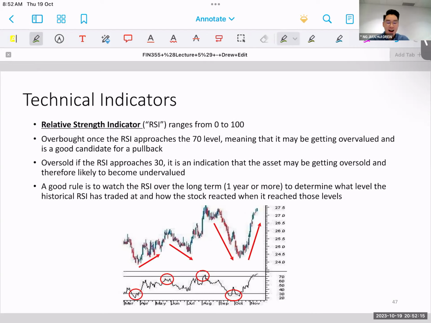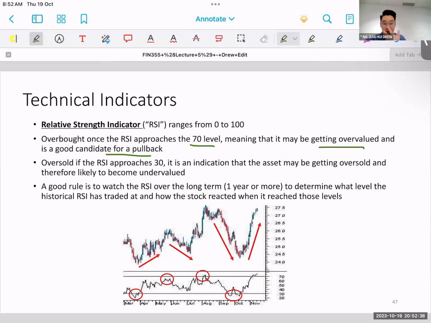So your RSI ranges from 0 to 100. And let's see what this means. If the RSI, relative strength indicator, approaches 70, it means that it's being overvalued and it's a good indicator for a pullback, right?